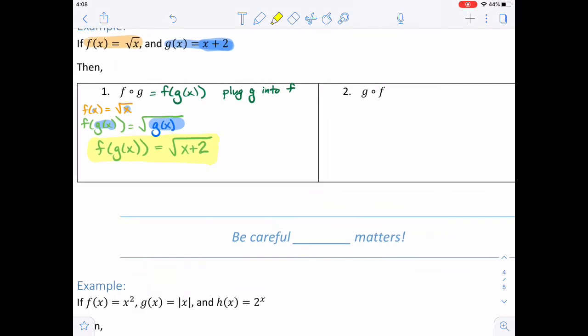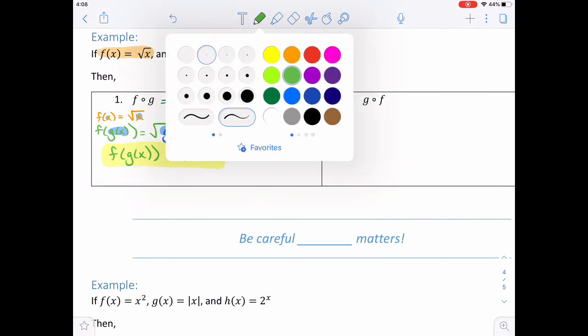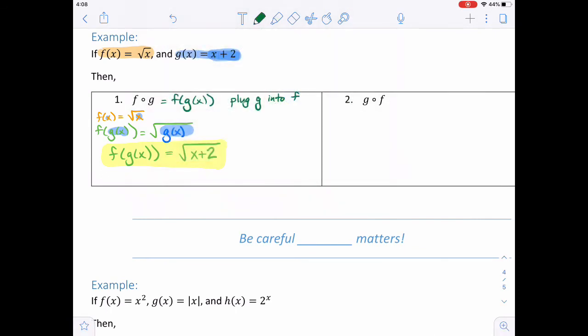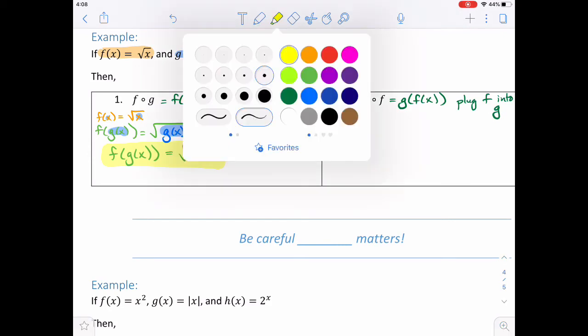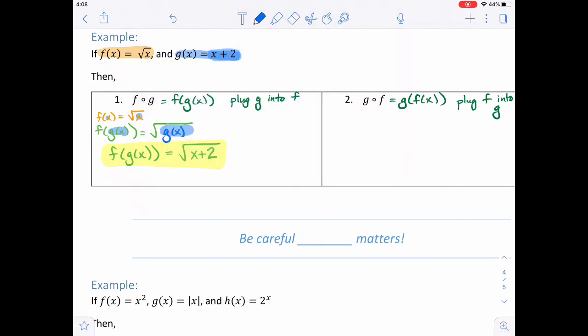What if we do it the other way around? What if we do g of f of x? Right, that's what this one says. So f is going on the inside. So we're going to plug f into g. So let's remind ourselves we need g first. So g of x is x plus 2. And so we're going to put f of x into that because we're looking for g of f of x.